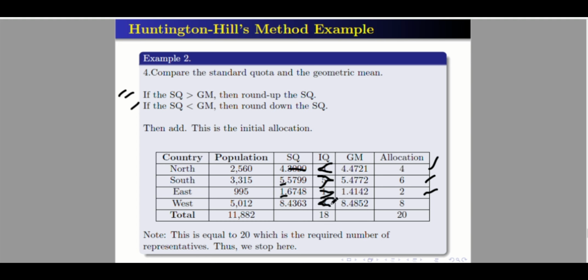So we must have this relationship, less than. So we will follow the second statement. So round down the SQ. So when we say round down, delete that one. So we have 8. And then we add. So we have 20. So the 20 seats are now being distributed fairly to each state.